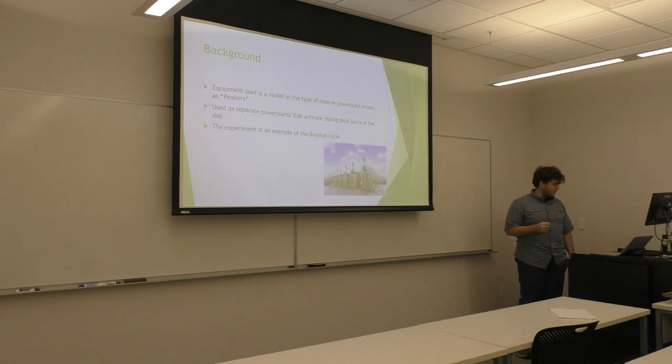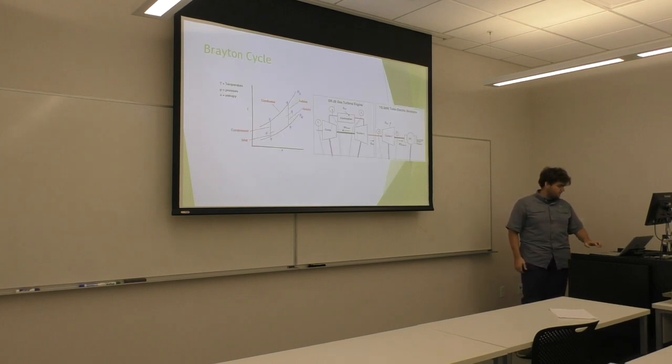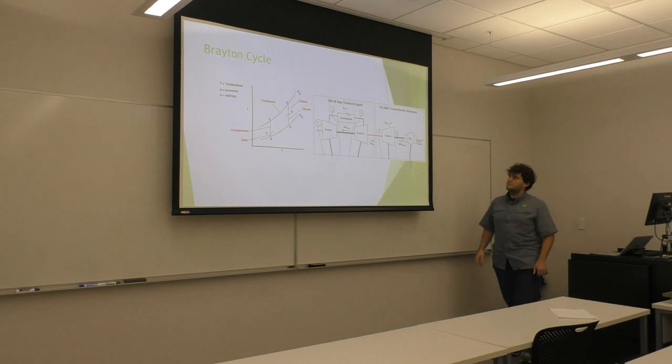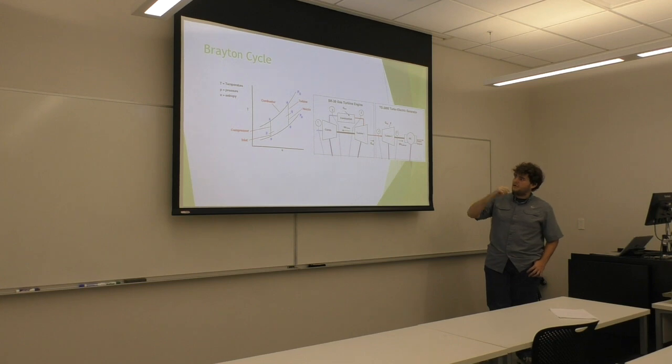The cycle that we're working with in this experiment is the Brayton cycle. What I have up here is the ideal cycle for it. The air comes in through the inlet to the compressor, where it increases in both pressure and temperature.